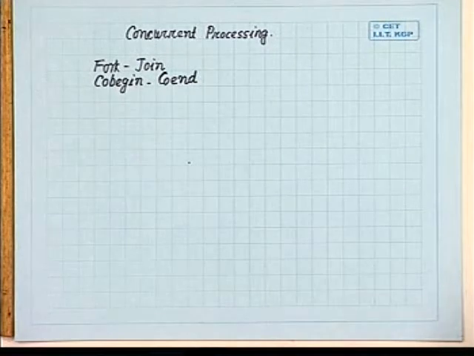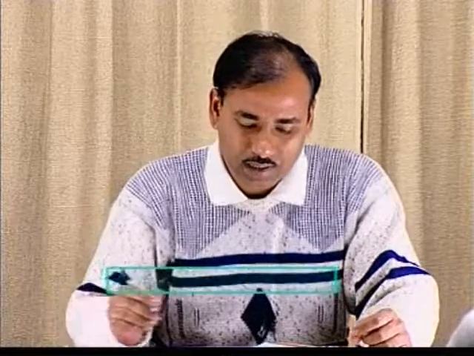To explain how this co-begin co-end construct can be used for writing concurrent programs, let us take the same flowchart, the same precedence graph that we considered in the last class.